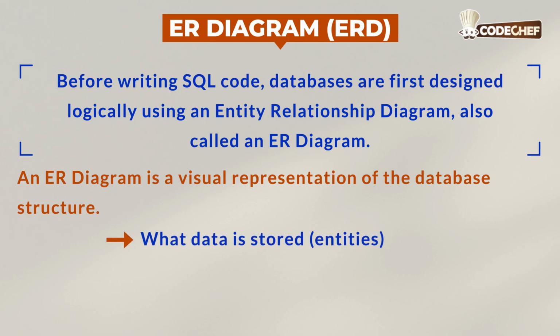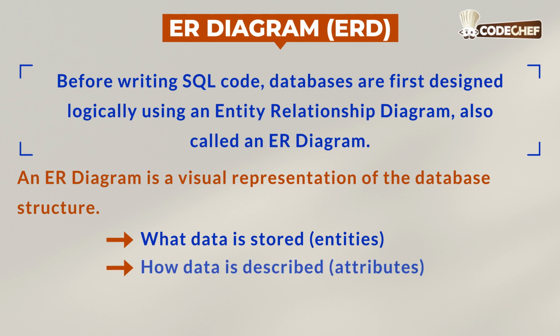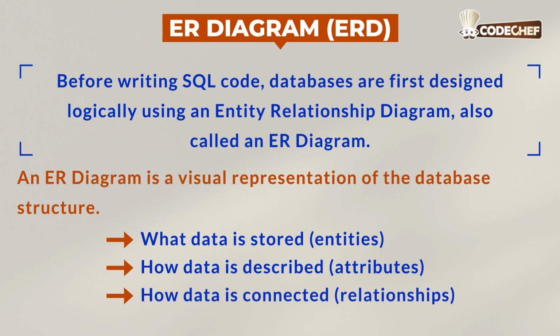It shows what data is stored, which is known as entities, then how data is described, which is also known as attributes, and how data is connected, which means the relationship between these entities. We are going to discuss entities, attributes, and relationships in the next video.